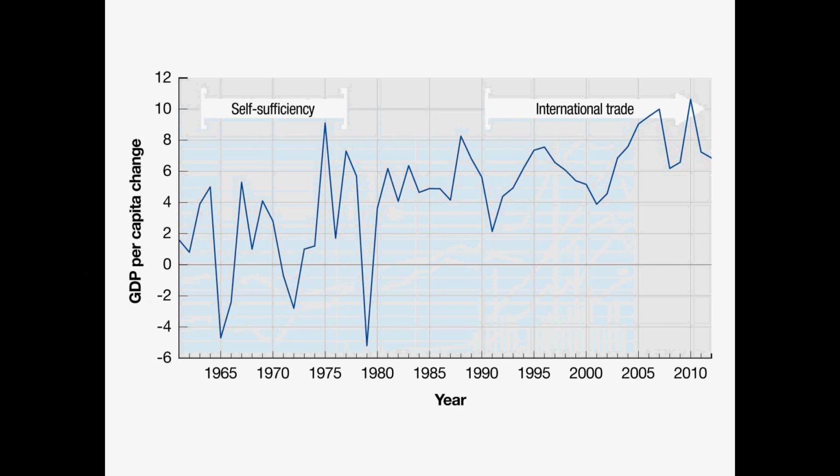But since the 1990s, when the whole world entered the global economy, when the international trade approach seemed to be widely recognized as a better approach toward development, the global income level seems to have this trend of going up with less fluctuation. That's why people believe that the international trade approach seems to be a better approach than the self-sufficiency approach toward economic development.